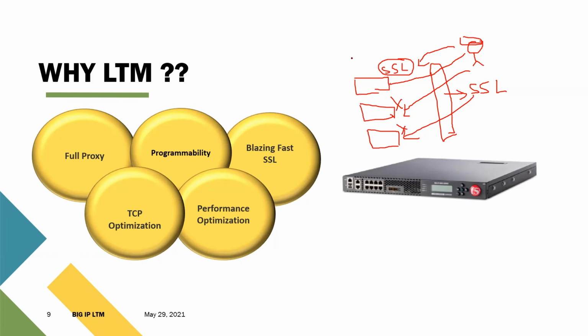If it is encrypted, you do not have any visibility into what is passing through your load balancer. If you cannot see what is passing through, you cannot create any condition or any iRule, because you don't know what it is. It's just gibberish passing through your load balancer.